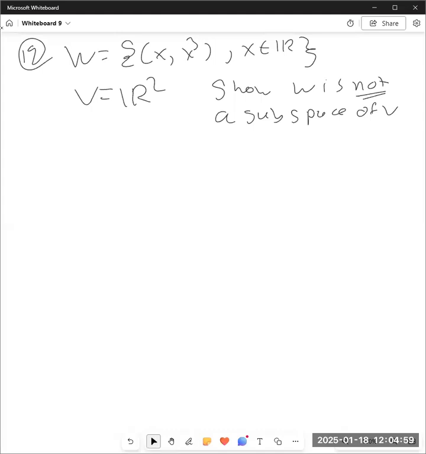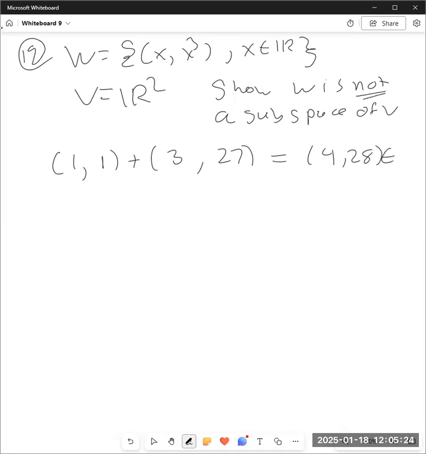Okay, so let's think of some examples. If I have (1, 1 cubed), which is (1, 1), plus (3, 3 cubed), which is (3, 27), and I add them together, that's going to give me (4, 28), but 4 cubed is 64, not 28.